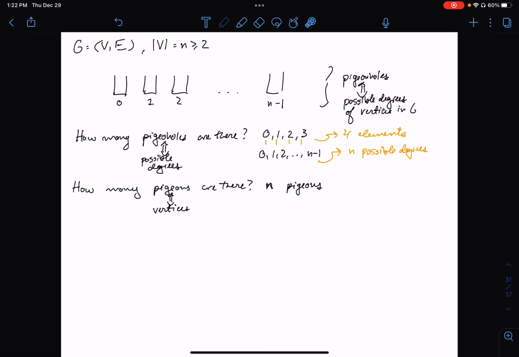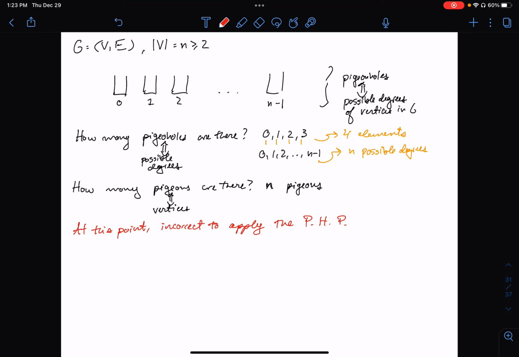At this point, and you need to make sure you understand this, it would be incorrect to apply the pigeonhole principle.